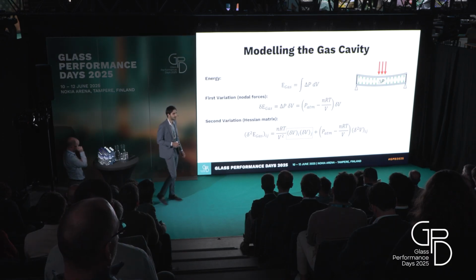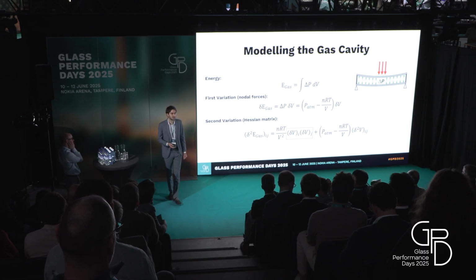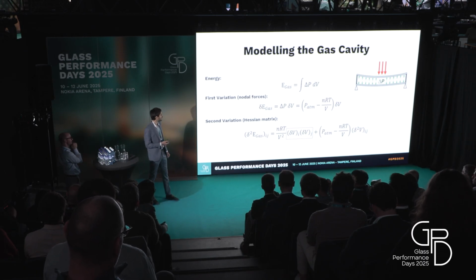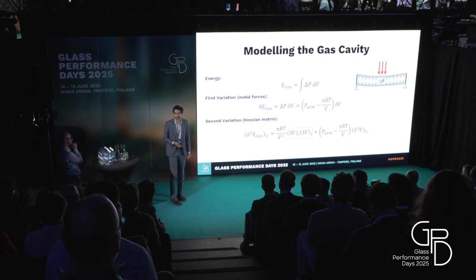The term in the red box poses significant challenges in the numerical solution because this term affects all the nodes of the cavity, and it results in a stiffness matrix which is dense.